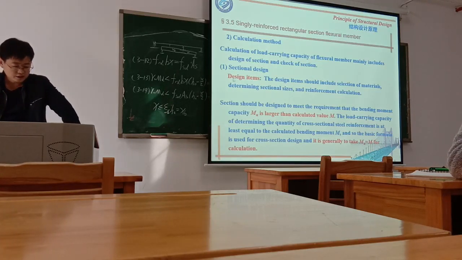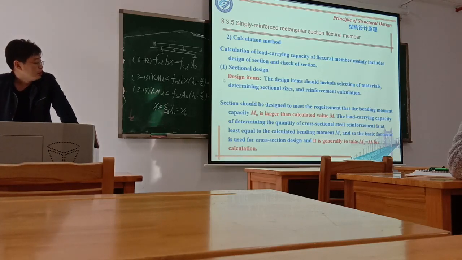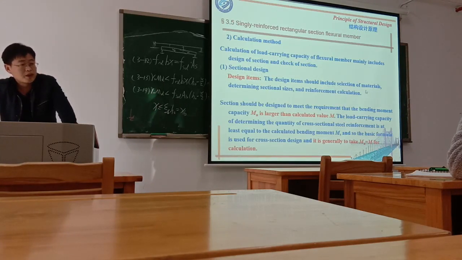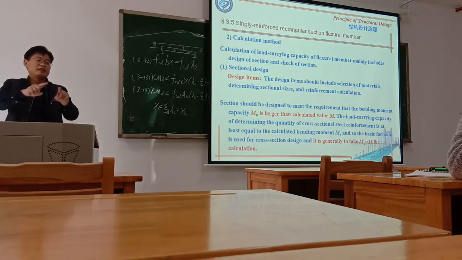So the first part is the section design. The design items should include selection of the material, determining the section size, and reinforcement calculation. So the first part of the design of this section includes three different contents. First, you need to determine your section.